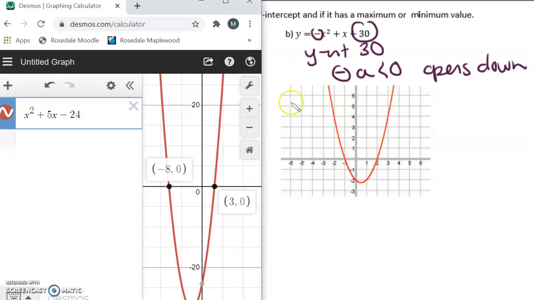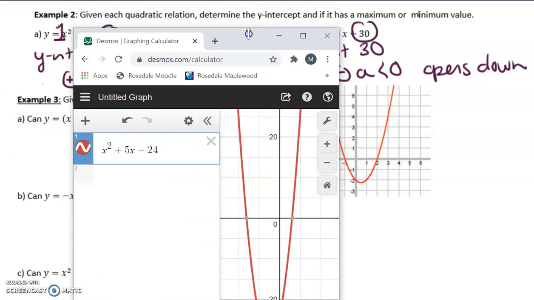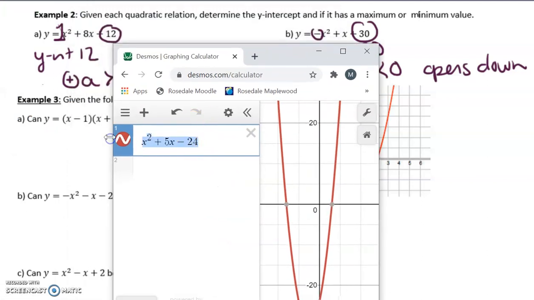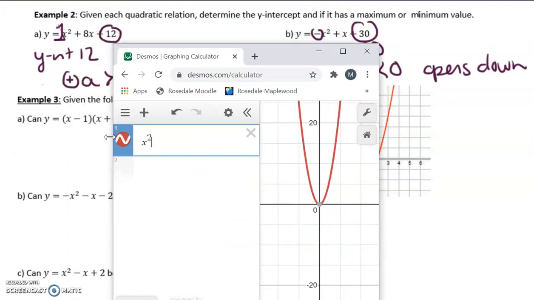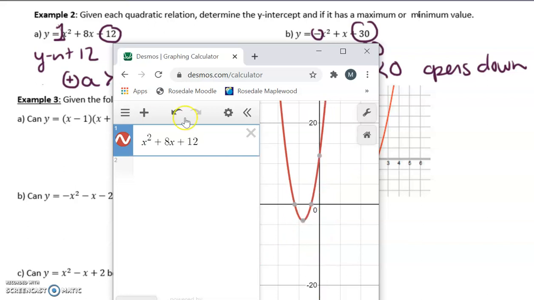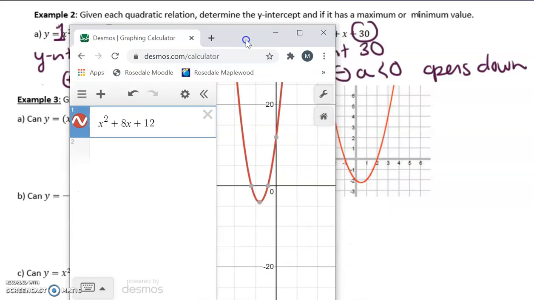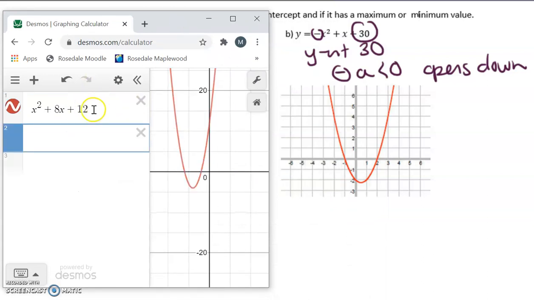Okay, and if we were to pull up Desmos, and you want to see what this looks like, we have x squared plus 8x plus 12, right? Opens up. And then the y-intercept is 12. Desmos is so nice because it kind of plots those points for us anyways.